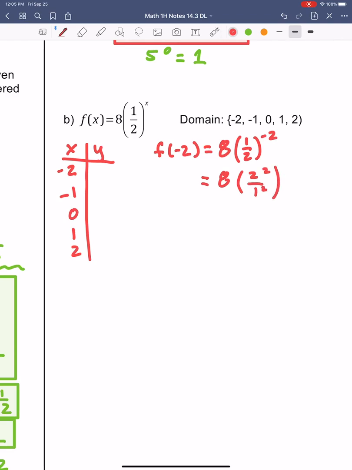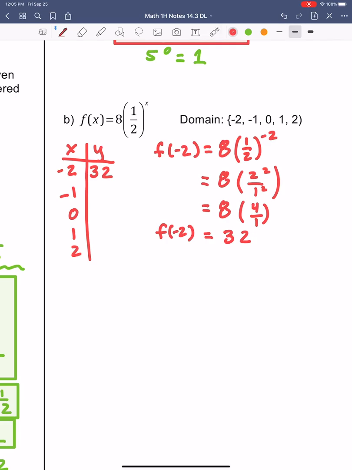Okay, and then we keep going here. So we get 8 times 2 squared, which is 4. And so then I end up with 8 times 4, which is 32. Okay, and so I got 32 there. And then we'll keep going here.